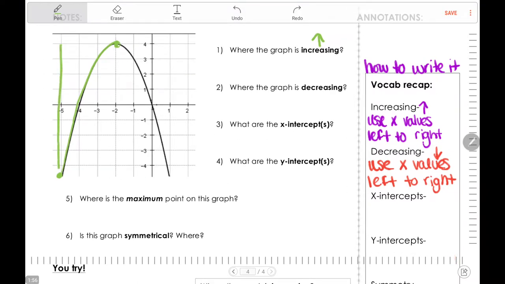So when I look at my x values, I'm looking on this axis, right? And it starts increasing from -5 through, where does it stop increasing? If you look here, it stops increasing at -2. So whenever we're writing where the graph is increasing or where the graph is decreasing, we're going from left to right using our x values.